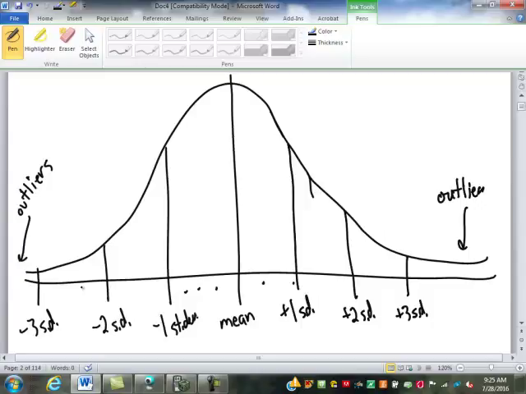Actually, probably not. There's 2 types of curves. There's the approximate bell curve and there's the exact bell curve. And I don't want to confuse you by doing something different than what your book does. Okay.